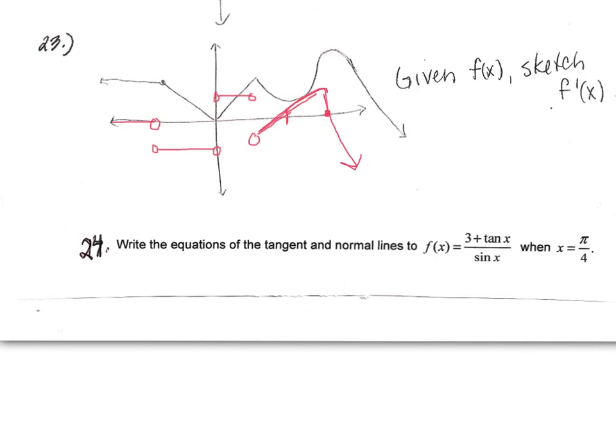So we'll do the derivative of the top, which will just be secant squared x times the bottom, minus the derivative of the bottom, which is cosine x, times the top, all over the bottom squared.